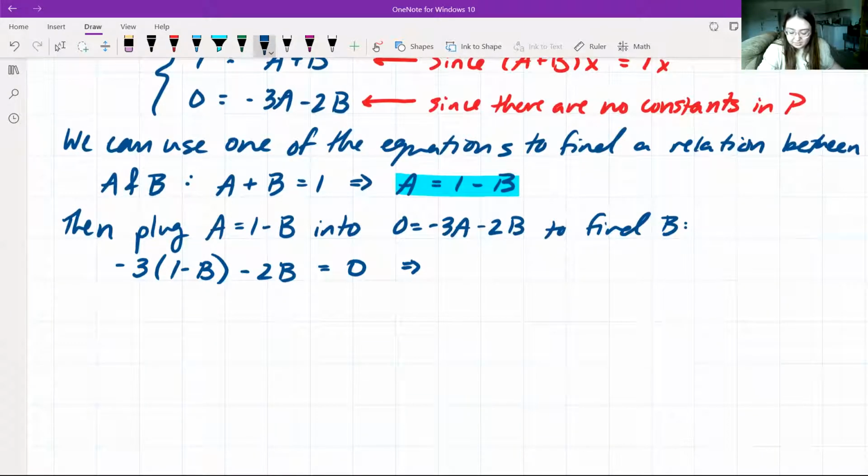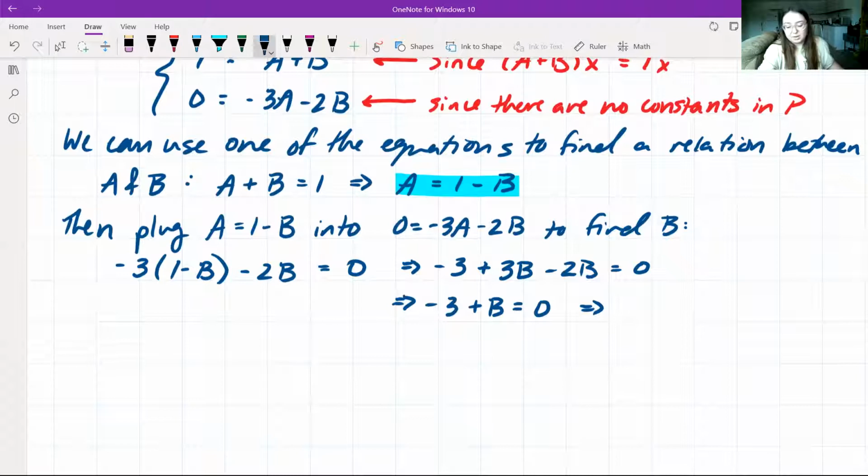We can expand this out. This gives us negative 3 plus 3b minus 2b is equal to 0. 3b minus 2b is just going to be b, so we get negative 3 plus b is equal to 0, where we just add 3 to both sides to get that b is equal to 3.